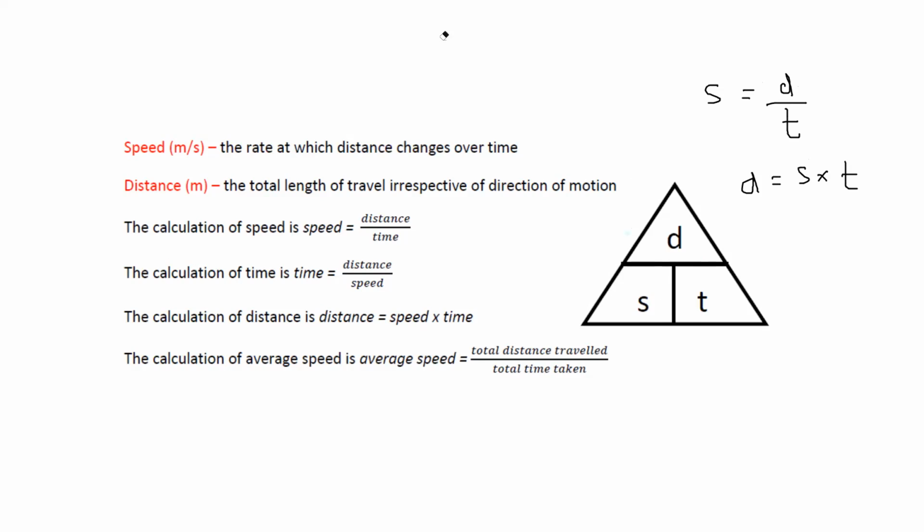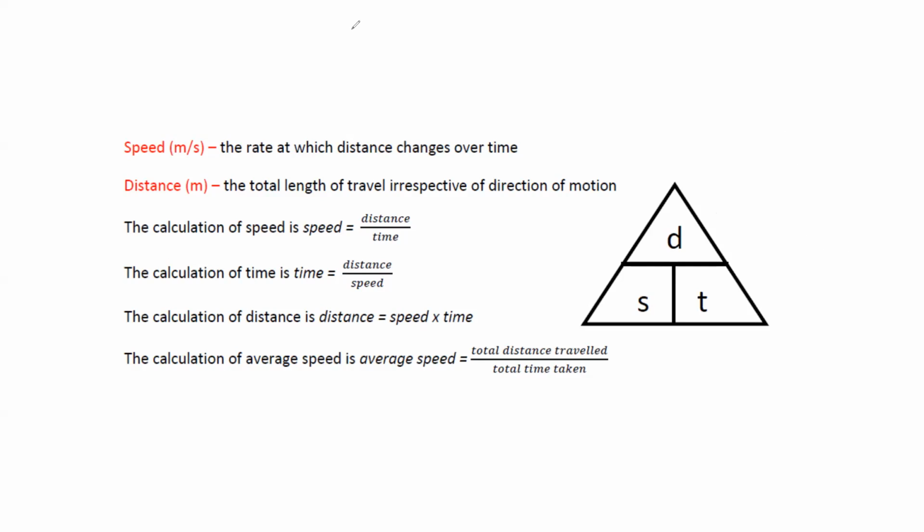And if you want to measure a time, time is equal to distance divided by speed. So using this triangle, you can work out the formula which relates distance, speed and time.